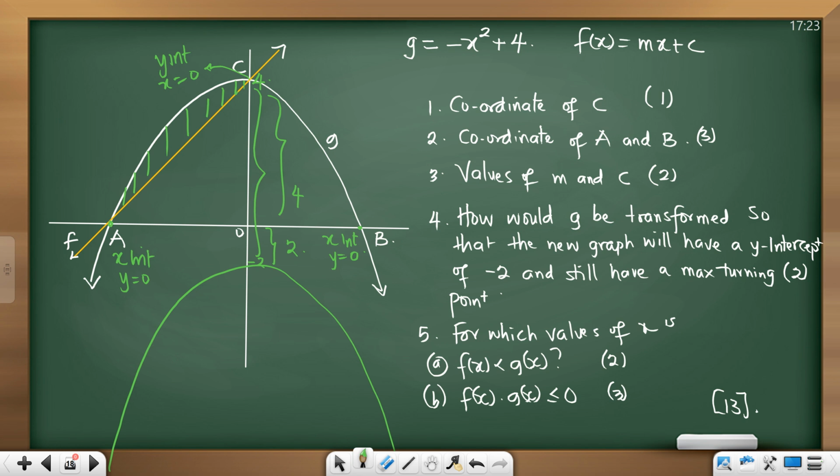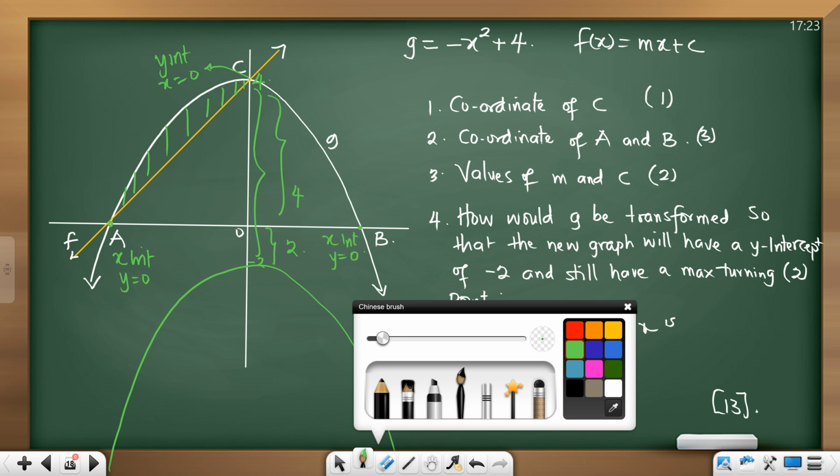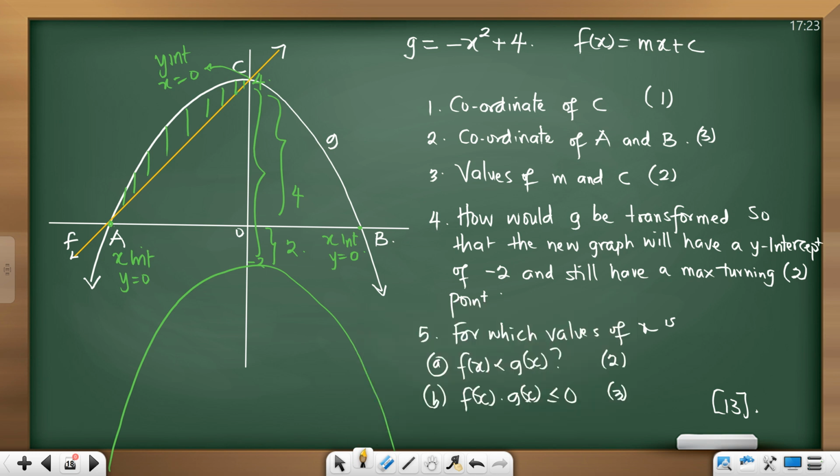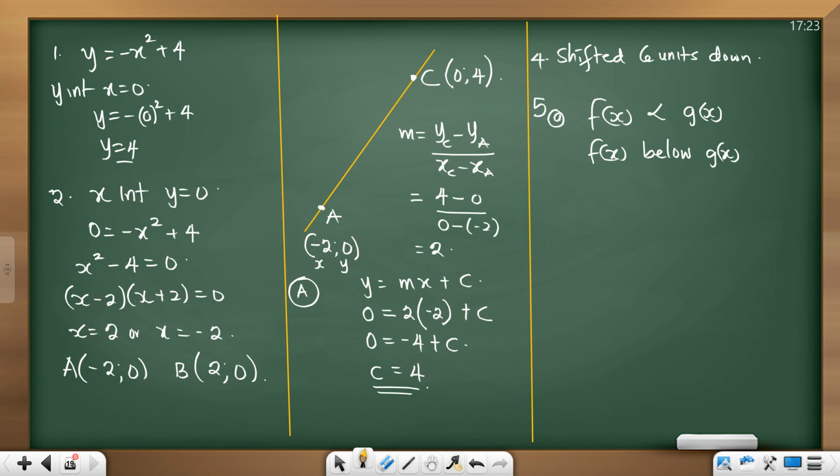Where is that? And we are looking at the x values. Remember, what's our x value here? Negative 2, and the x value 0. Oh, so that is happening between negative 2 and 0. That is where the yellow, which is f, is lying underneath, less than, between negative 2 and 0. If you want to pass this quickly, write it in words: between.